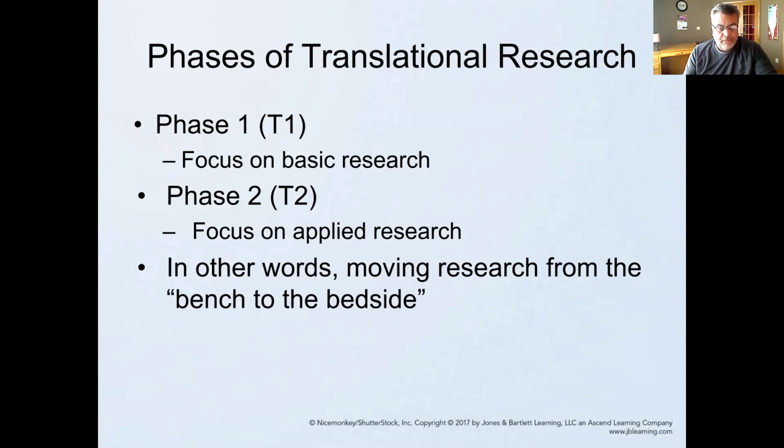You could be doing a chemistry experiment, or experiments on genes and fruit flies, or something that has no direct impact on humans. But if you find something promising, the second phase would be focusing it on applied research to bring it to the bedside, basically.